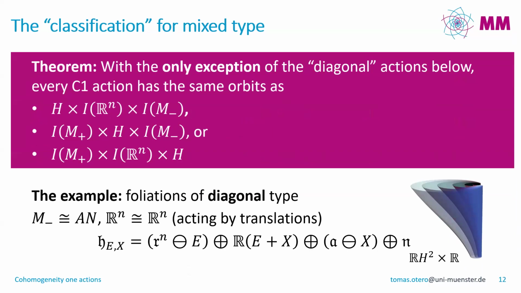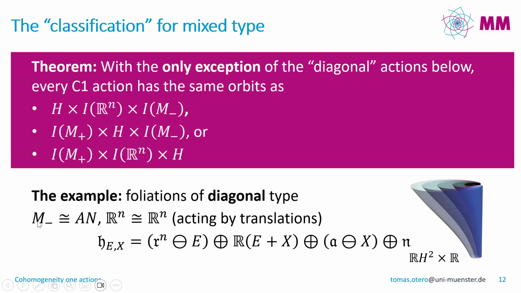We found in a recent work with Hiroshi Tamaru and Solonenko that there is only one exception, one family of actions which is not orbit equivalent to one of these kinds of products. And in fact, the way these diagonal actions are constructed is very similar to how we constructed foliations in symmetric spaces of non-compact type.